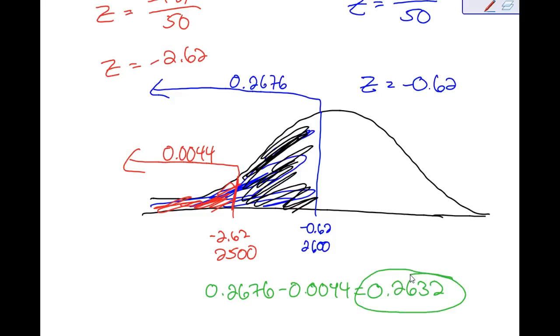So the probability that the sample mean rent is between 2,500 and 2,600 is 0.2632. Remember that your probabilities and your areas always have to be positive, so always take the larger number minus the smaller number. That is one thing we always have to be careful about.